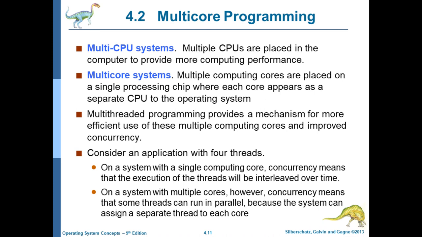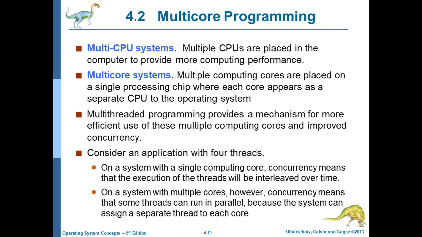To illustrate this point, consider an application that has 4 threads. On a system with a single core, the operating system will interleave the execution of threads over time, meaning that only one thread can run at a time.